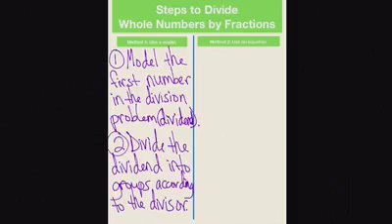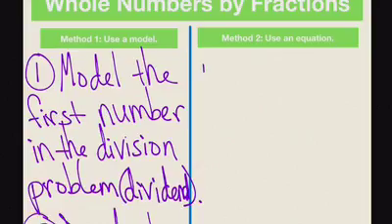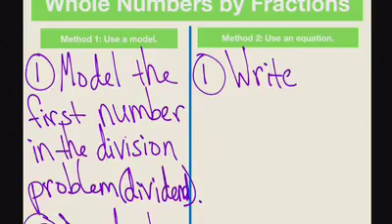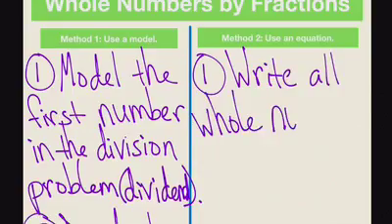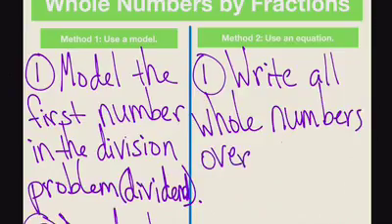Now let's talk about the steps when you use an equation. When you use an equation, the very first step is to write all whole numbers over 1.